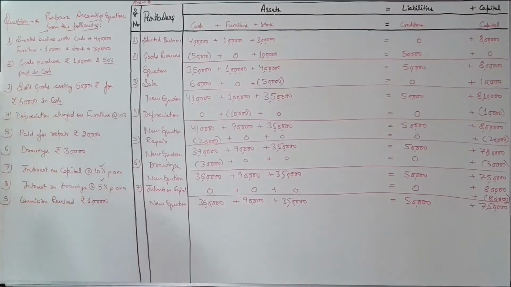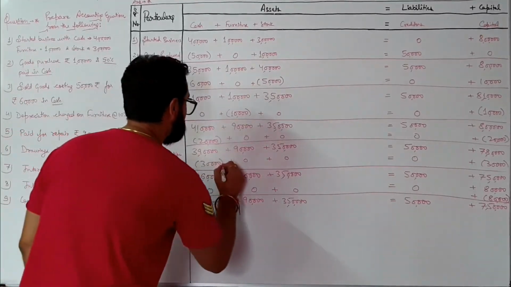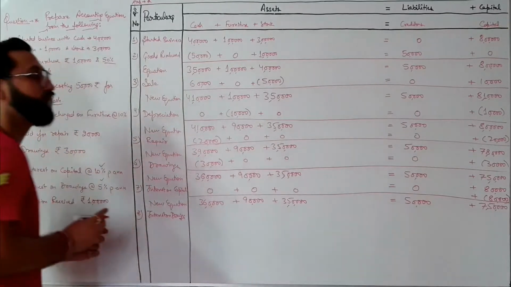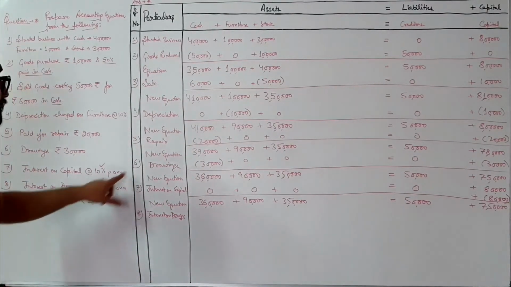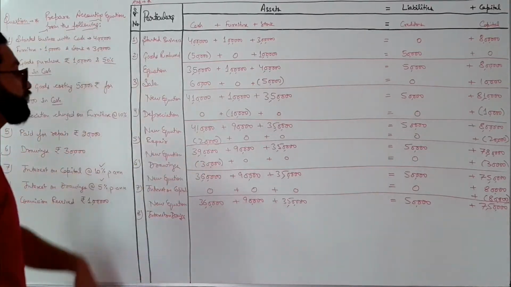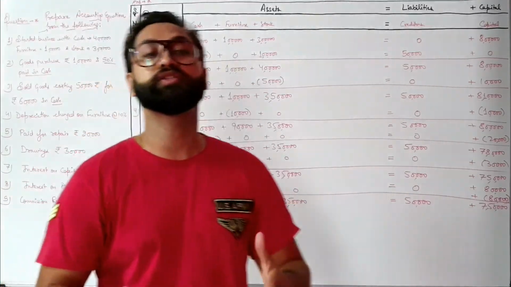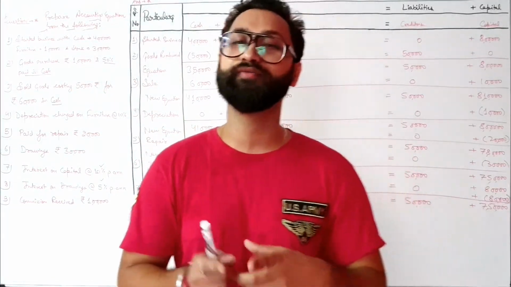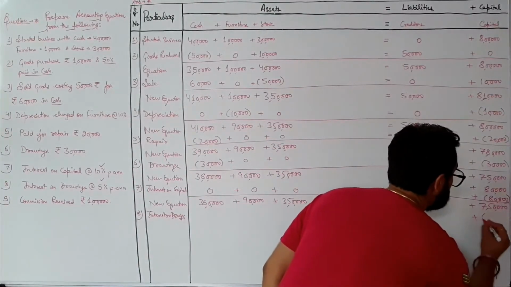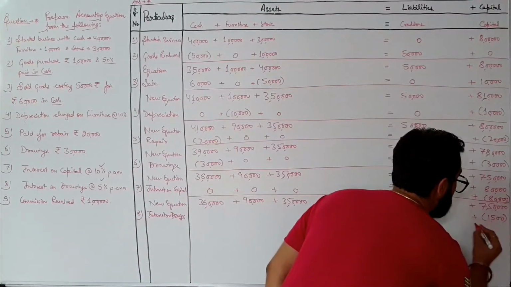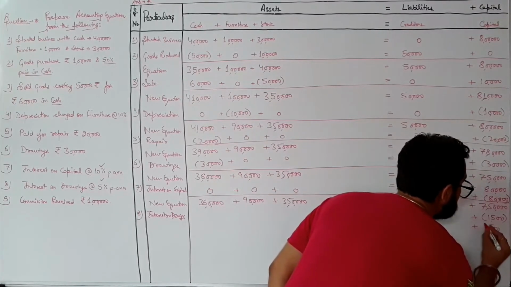Next one is interest on drawings. Now, what is the amount of drawings? Drawings is 30,000. Here the proper information is not given, therefore we will charge drawings for the full year. 5%. 5% of 30,000 is 1,500 rupees. Interest on drawings is an expense for the owner, but it is an income for the business. Therefore, expense, so reduce 1,500, and income, so add 1,500.